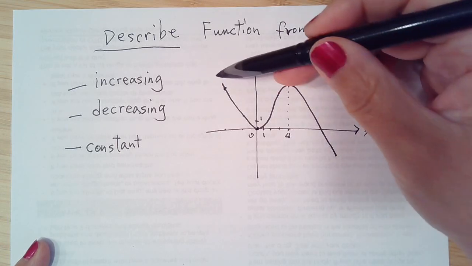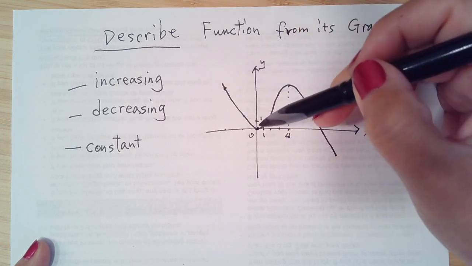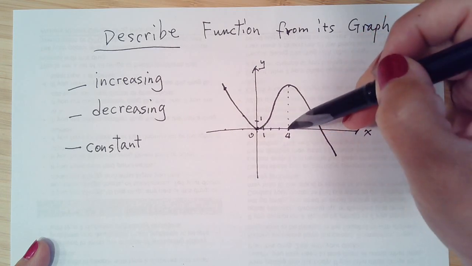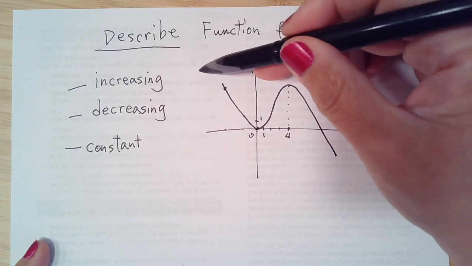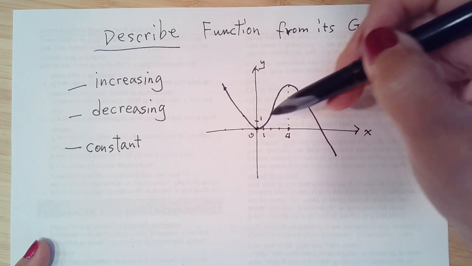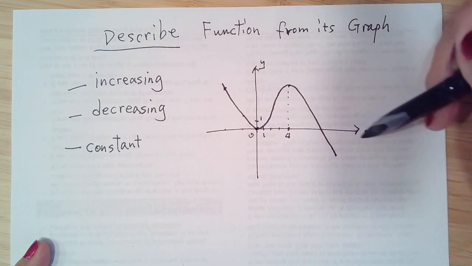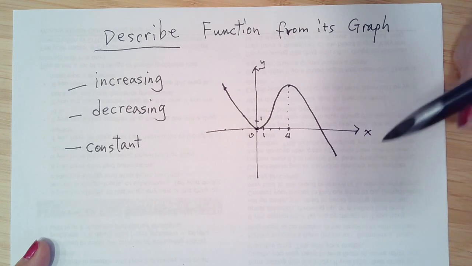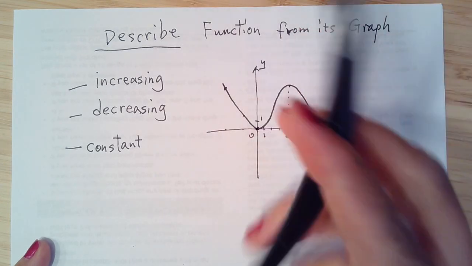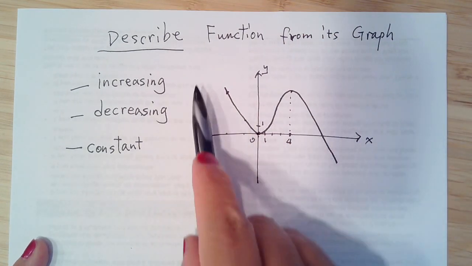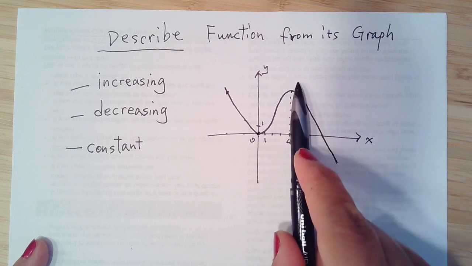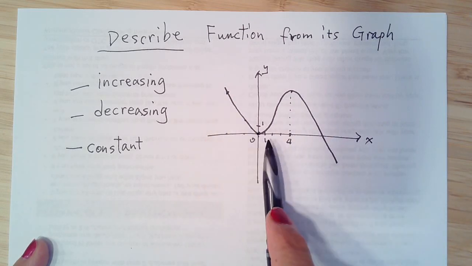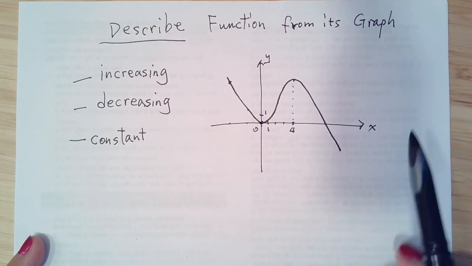So this function is increasing between 0 and 4, but it's decreasing from negative infinity to 0 and from 4 to positive infinity. That's how you describe a function just by looking at this graph. Just go from left to right and see whether it's going down or up or down. Decreasing, increasing, decreasing. All right.